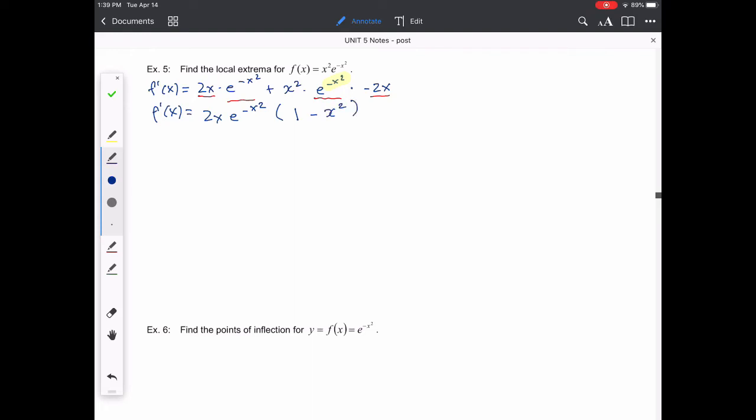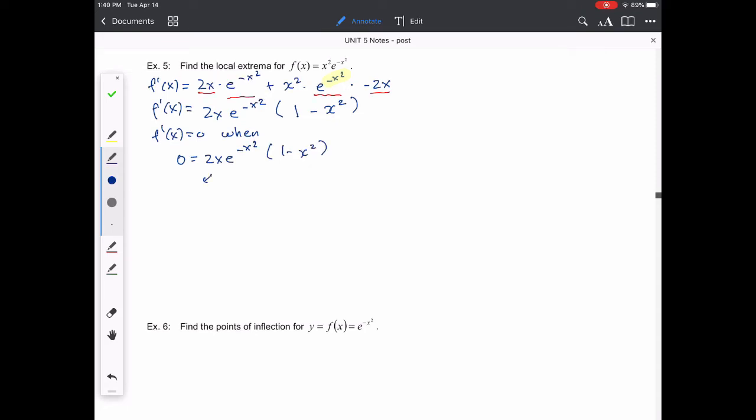Okay, now we know that f prime of x is equal to 0 when we have 0 is equal to 2x e to negative x squared times 1 minus x squared. We're going to set this equal to 0. So the only time that's equal to 0 is when x is equal to 0.